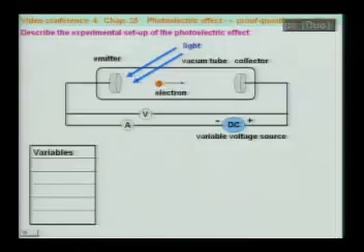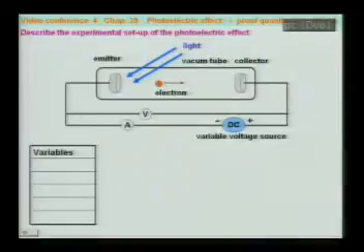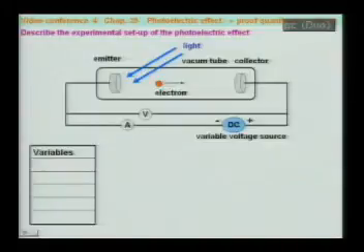So the intensity of the light is the brightness of the light, whether it is low brightness or high brightness. But the frequency is different, because if we look at red light and blue light, they have different frequency.